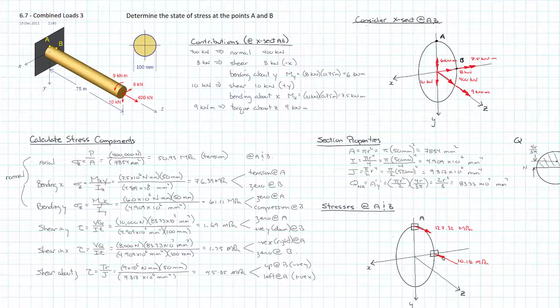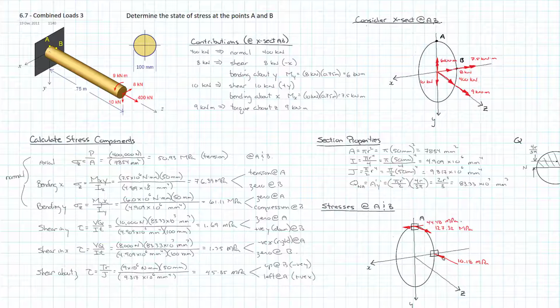So we're going to have the 45.85 less the 1.35. So we have a shear stress going in this direction, and it's going to have a value of 44.48 megapascals, which was the 45.85 less the 1.35.